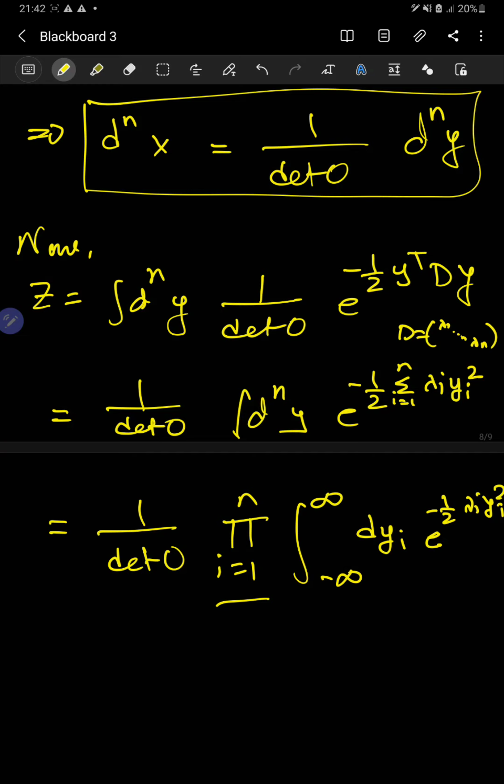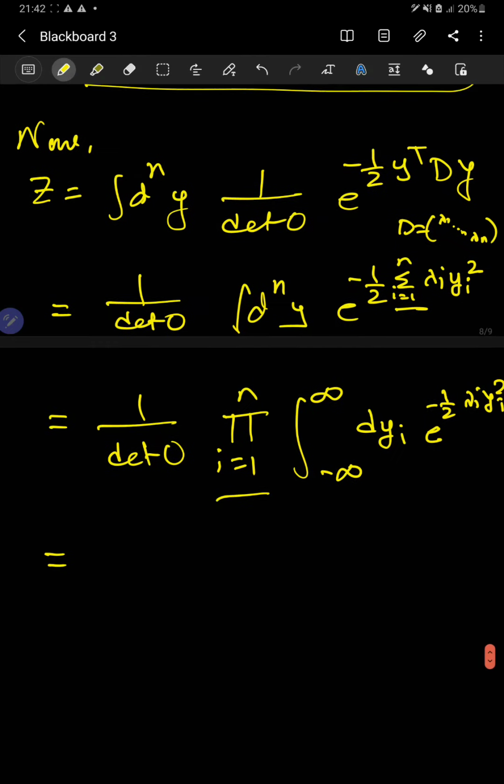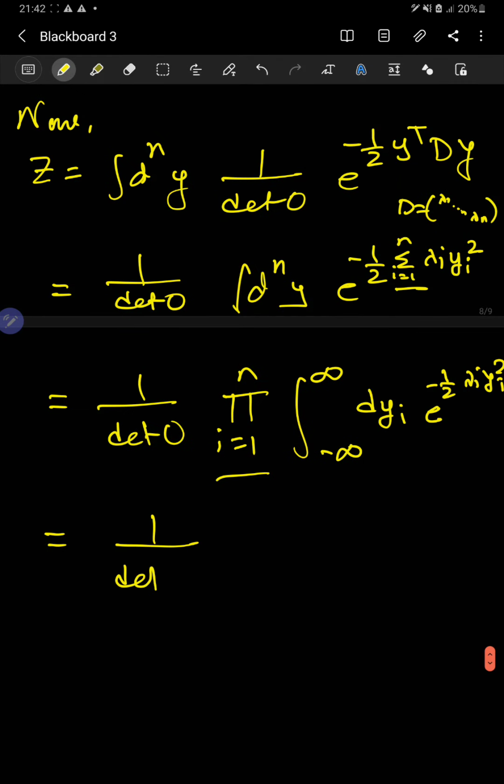If you have a product, you can add it in the exponential. So I turn this sum into a product, and you have the determinant of O, product from i equals 1 to n.